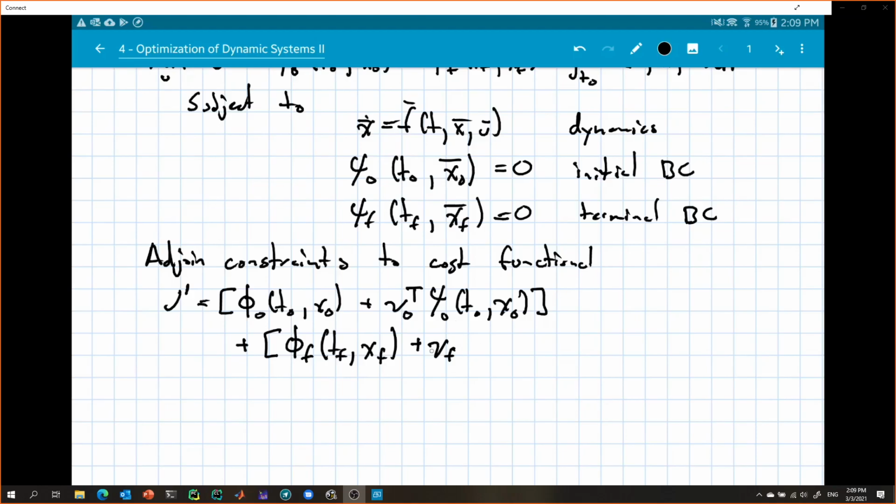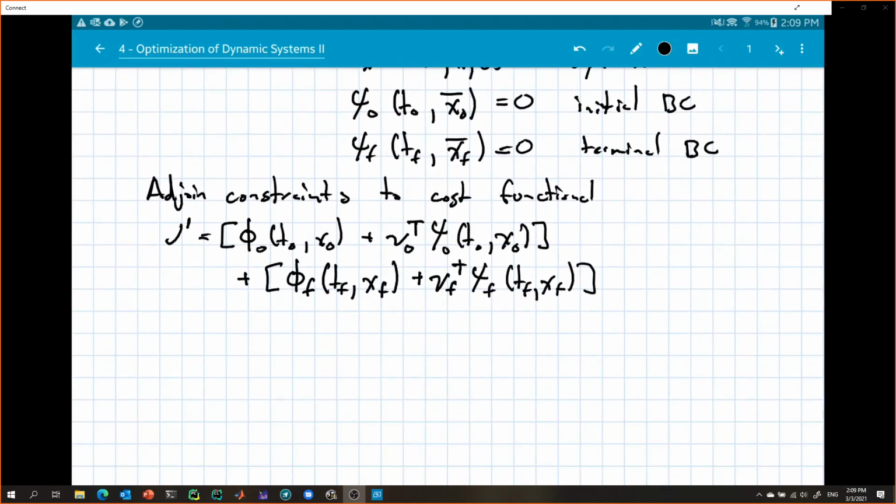So we adjoin it with more Lagrange multipliers, nu F. It's the same deal, but on the terminal boundary. And then lastly, we have what we did last time. So we have some integral from t naught to tF, the path cost with the dynamics adjoined.